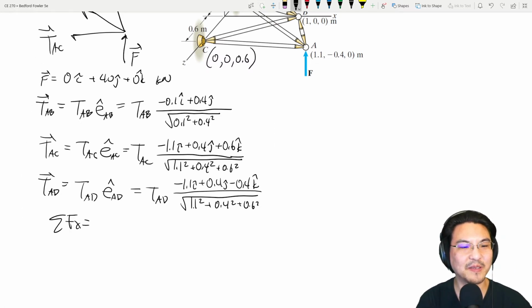So all we need to do is sum forces in the x direction. So 0 of this, negative 1.1 over this thing.